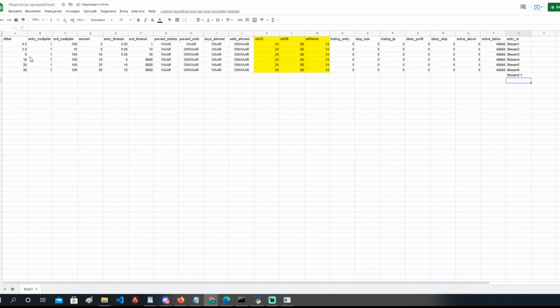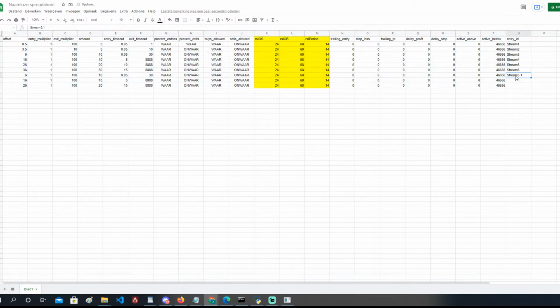Now I'm going to copy over some of the logic here and paste it in here. We said that we want these three agents to be shorting instead of longing. So we have to say that buys are not allowed, so onvar is false.